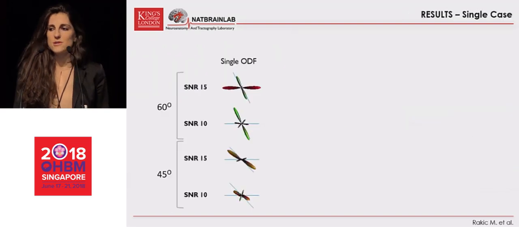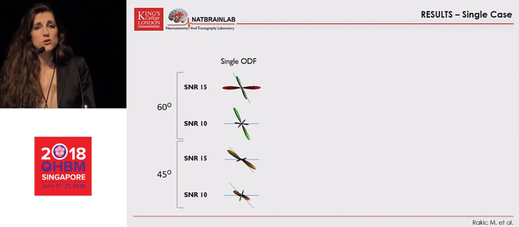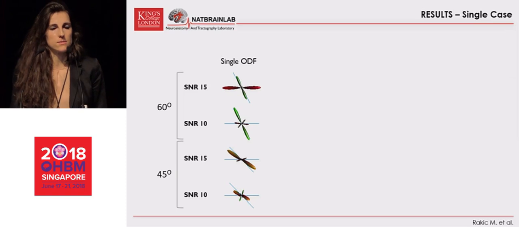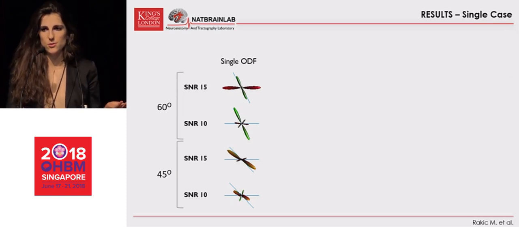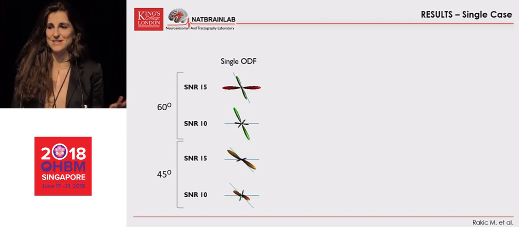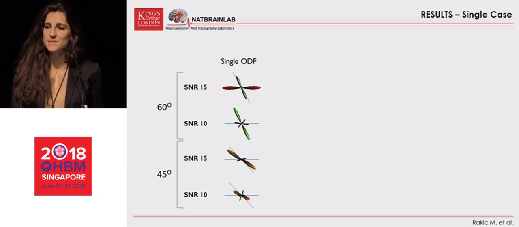Just looking at the results of the single case, we can see that a single ODF estimation without any bootstrapping shows results that worsen as you lower the SNR and the crossing angle of the fibers.